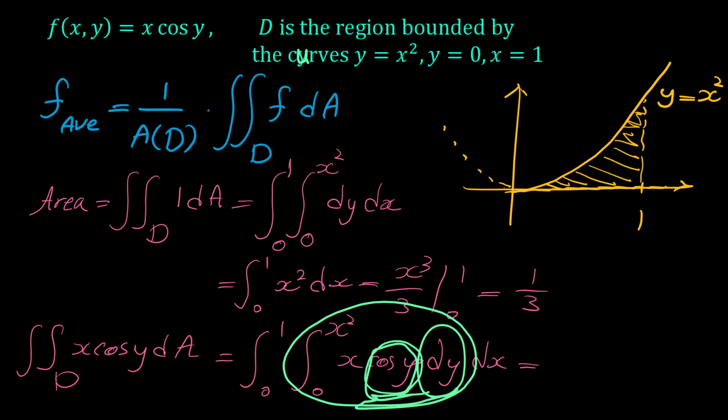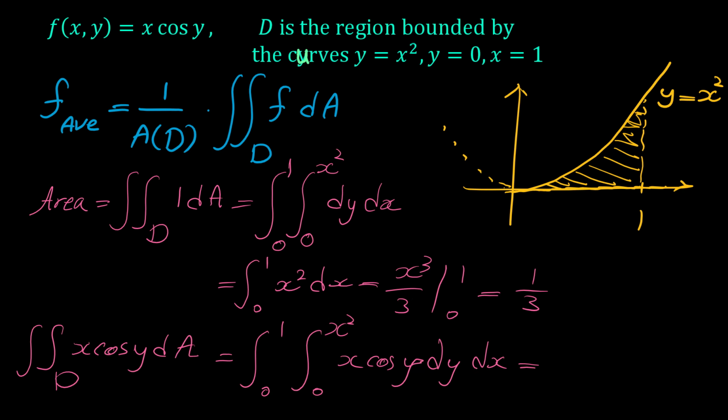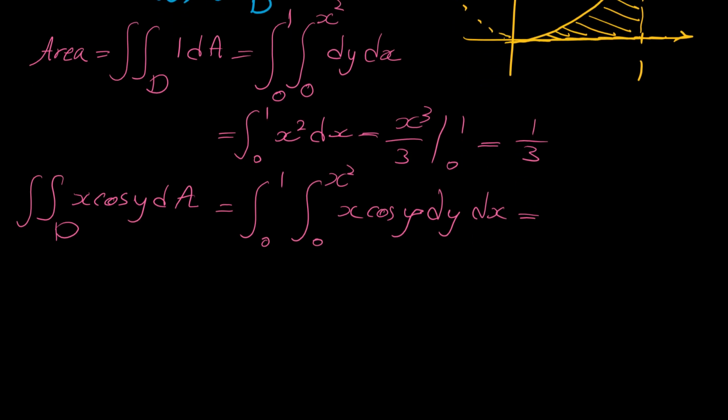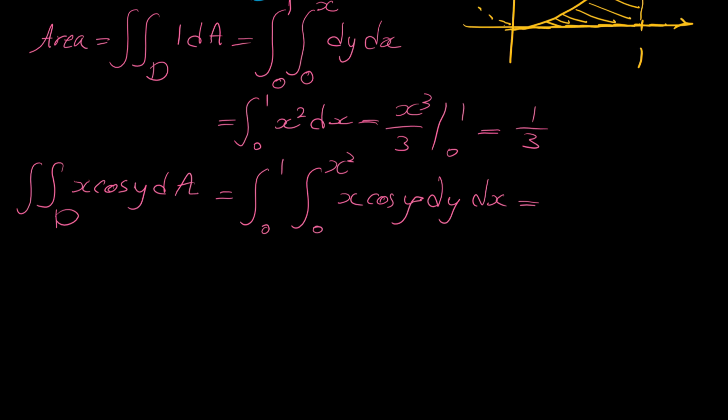Integral of cosine is sine, so this equals integral 0 to 1 x, integral of cosine is sine y from 0 to x to the 2 dx.